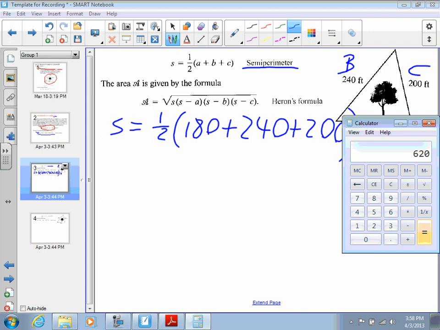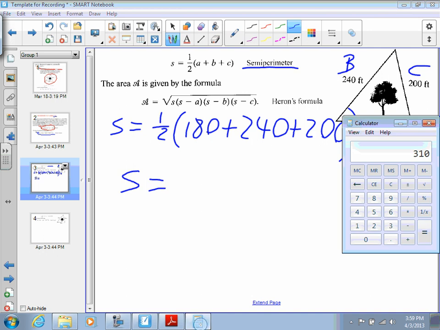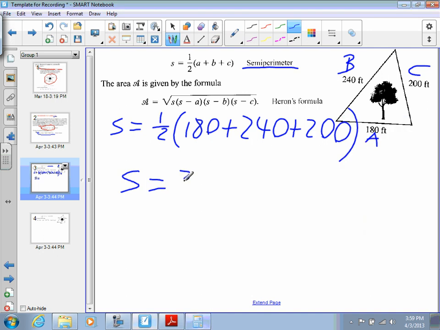And then I need to divide that by 2 or multiply it by 1/2. Multiplying by 1/2 is the same thing as dividing by 2. I'm having a little trouble seeing this in the light. That must be division. Divided by 2 equals, and that gives me 310. So S, my semi-perimeter, equals 310.